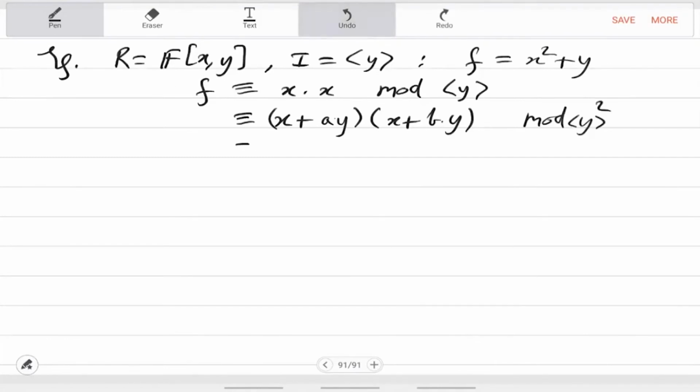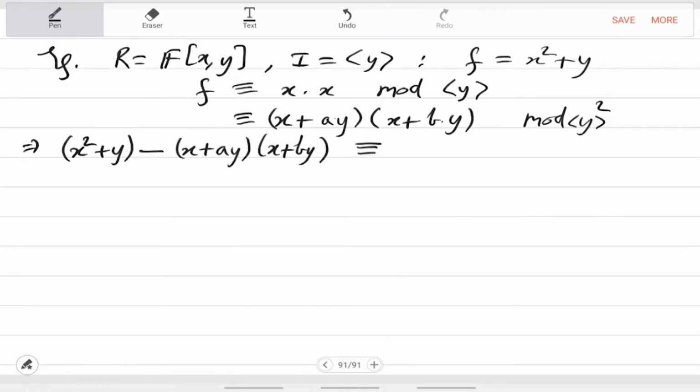So which will mean what? You take the difference of the actual f, so x square plus y, minus this, mod y square. So x square will cancel and this y square will also disappear.